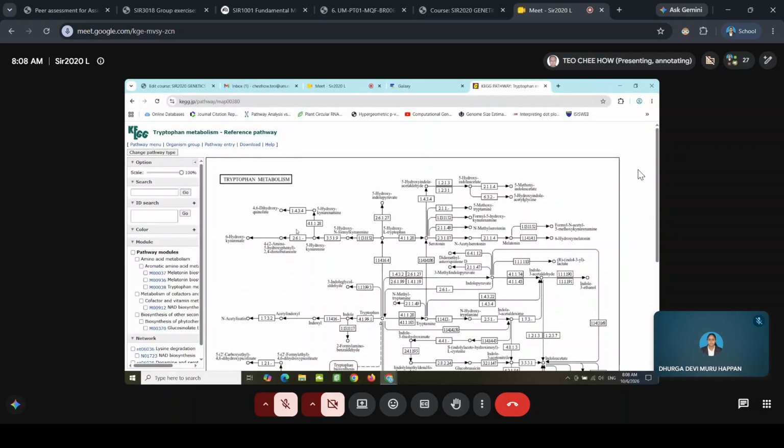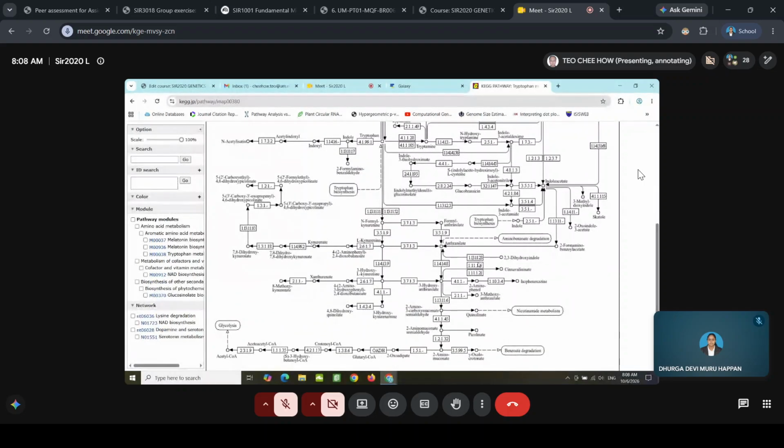From here, you can see that those are the pathway for tryptophan metabolism. It seems to be here involved in tryptophan metabolism, right?